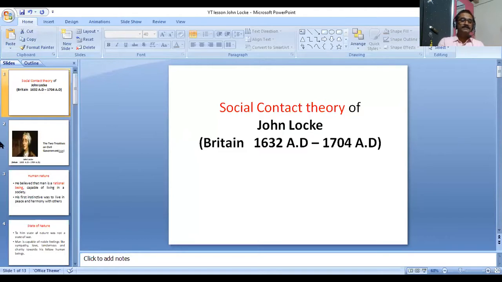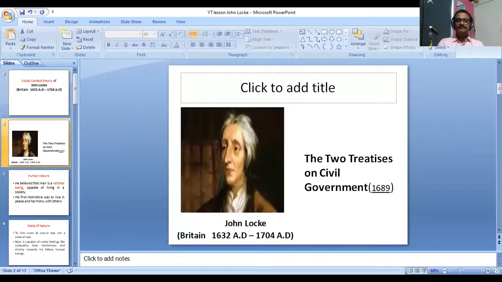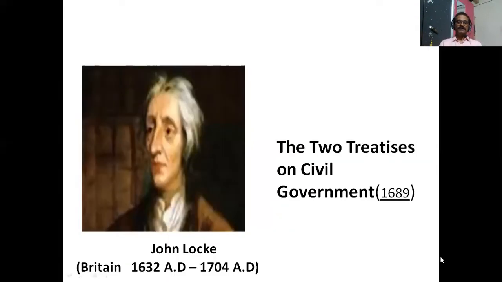Here is John Locke. And he wrote a book called The Two Treatises on Civil Government in 1689. He also wrote many other books like Understanding Human Mind.